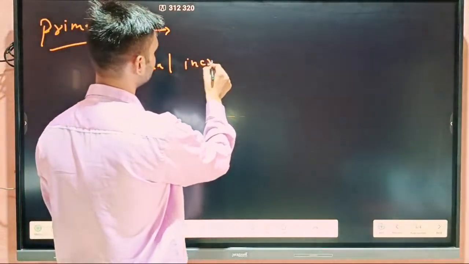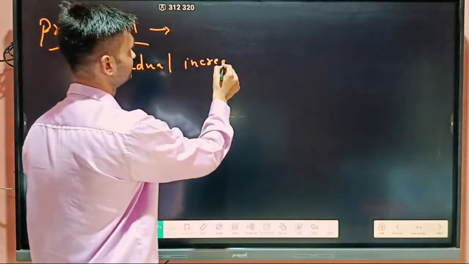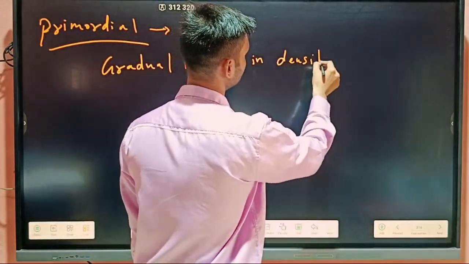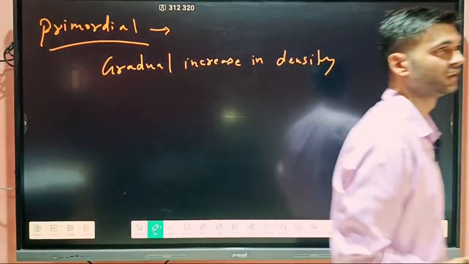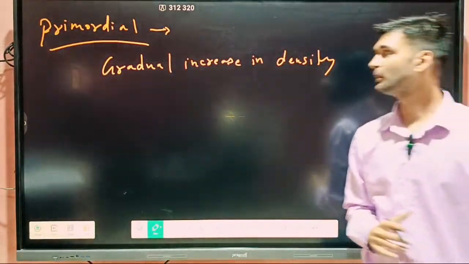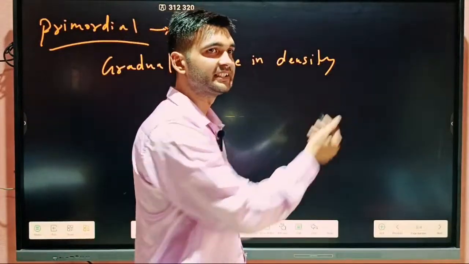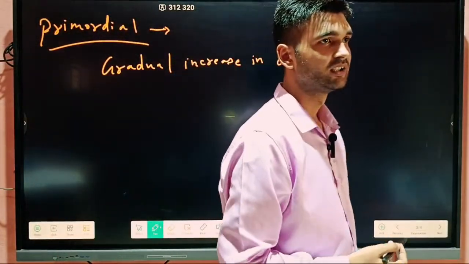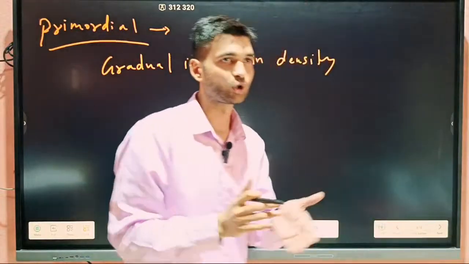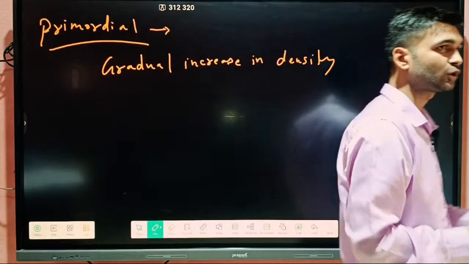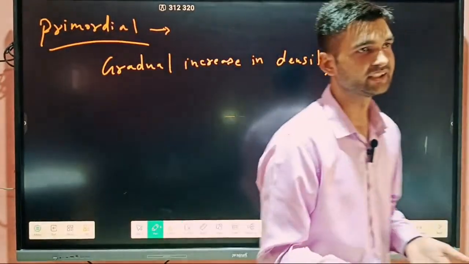Gradual increase in density. Okay, is there a picture in your mind about density? Why does increase in density increase temperature? Density means the more the particles are closer to each other, the more the density.